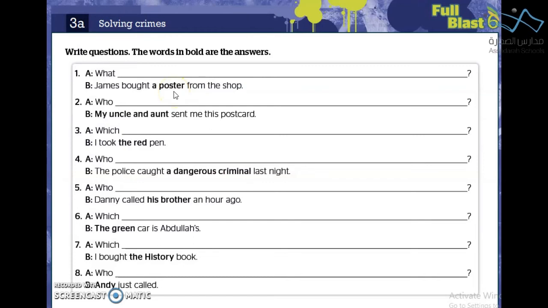So, as I told you during my explanation of this grammar, if we want to ask a question about the object, we have to use an auxiliary verb. And this answer is in the past. So, I need an auxiliary verb in the past. I'm going to use did as the auxiliary verb here. So I say, what did James buy from the shop?